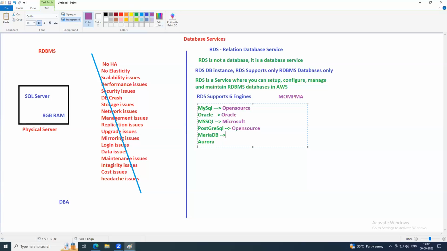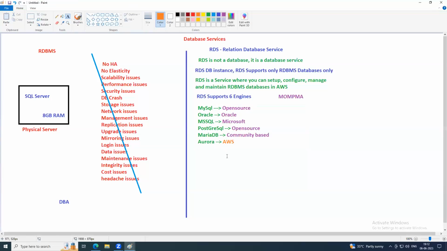MariaDB is community based. Aurora, who is the owner of Aurora? AWS. Perfect certification question. So how many engines does RDS support? 6 engines. Now you understand RDS is a database service.